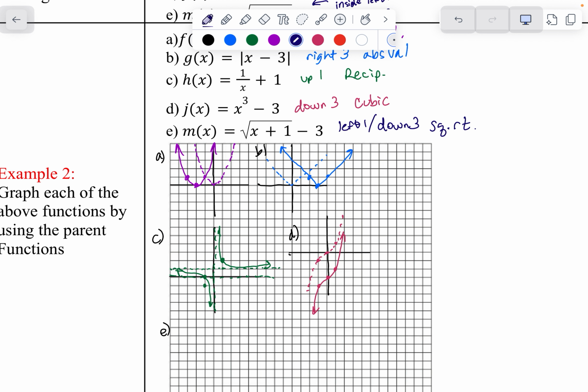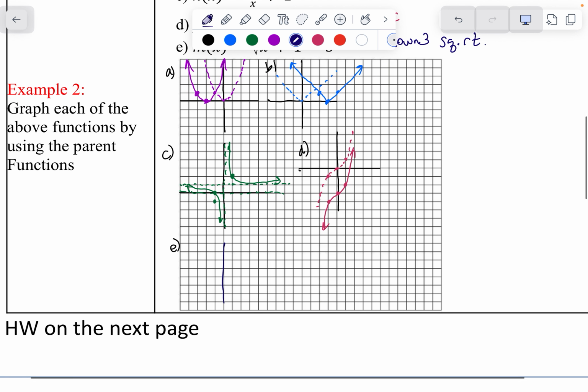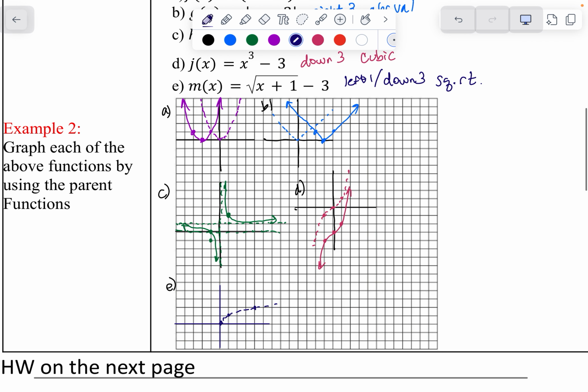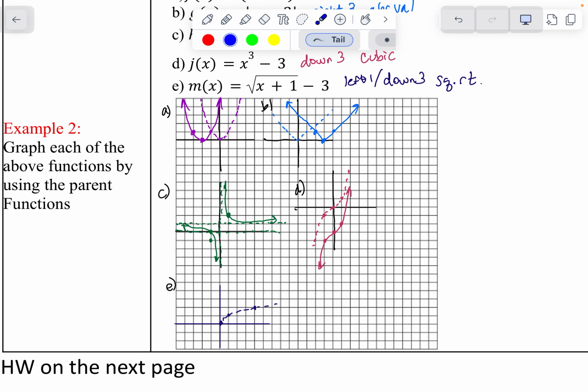So our original looks like this. Now this time we have to move the points in 2 ways. Now it's very good to follow order of operations. What falls first? It moves left because it's touching the x quicker. So move it left and then down 3.